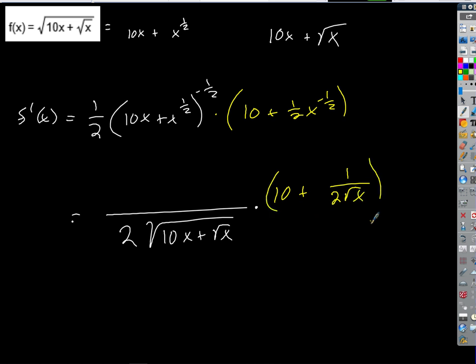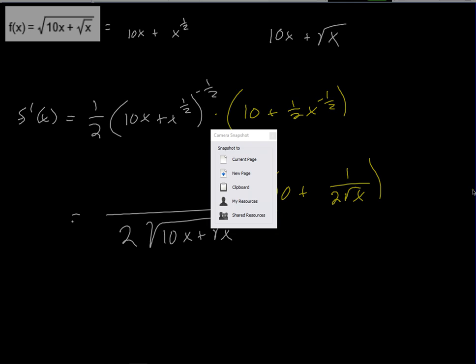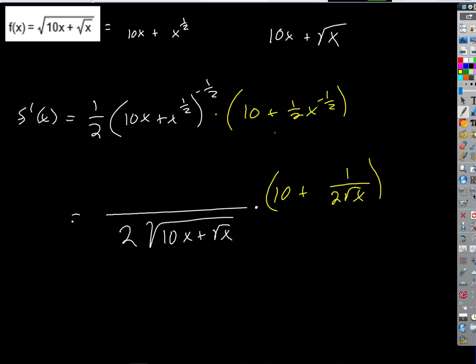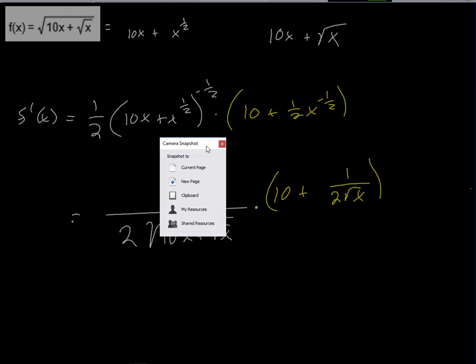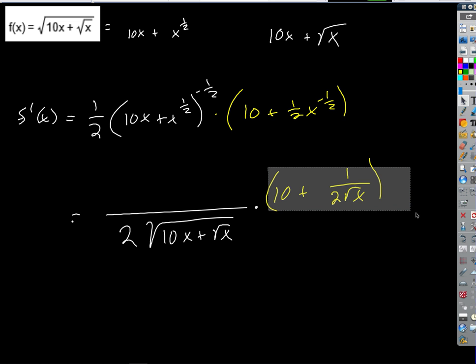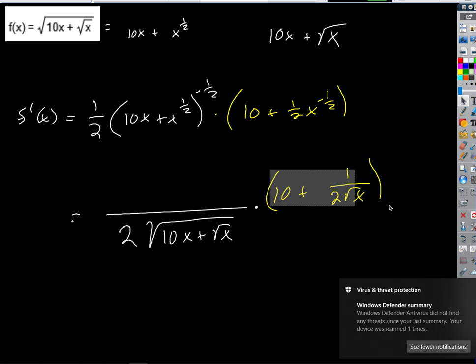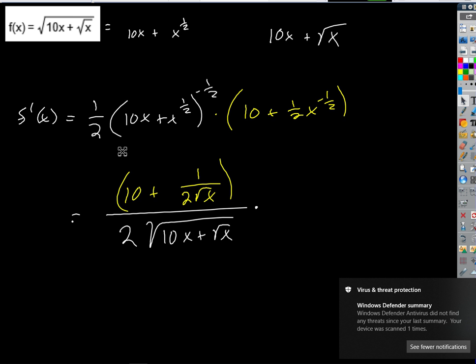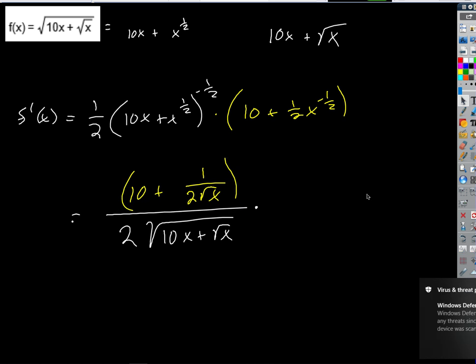So all that stuff really could be on the top, right? In fact, let's just move it over to the top. Technically, I wouldn't really want to leave it that way. I'd want to get a common denominator up here, but that's the answer, right?